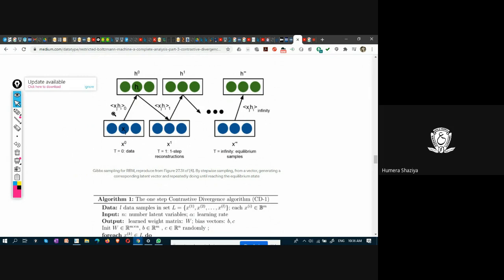Here this is x j, h i at time 0, then x j, h i at time 1, and the same is performed till time n.